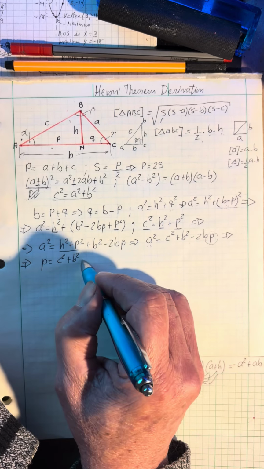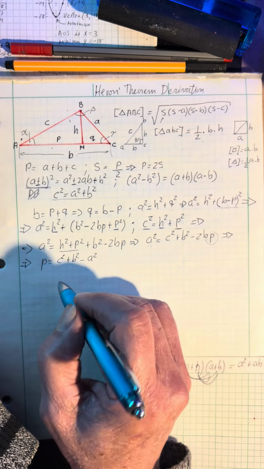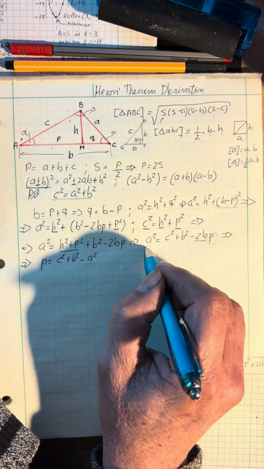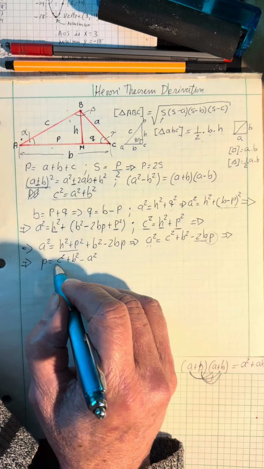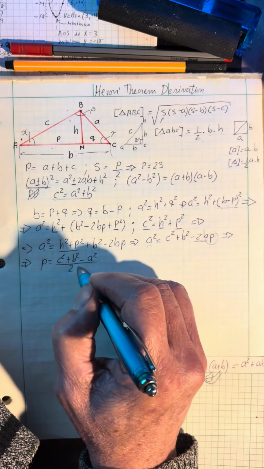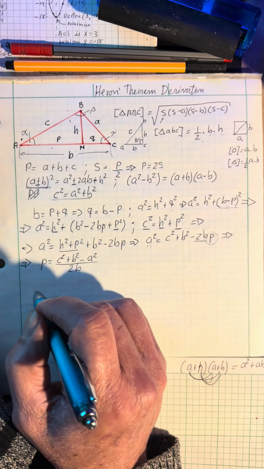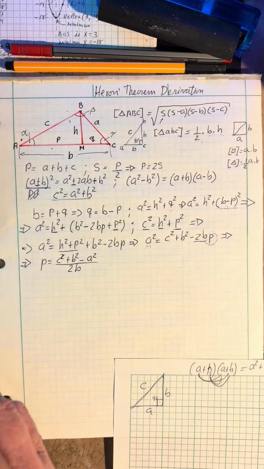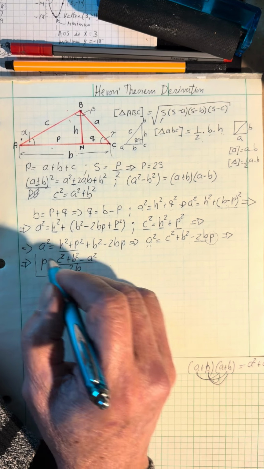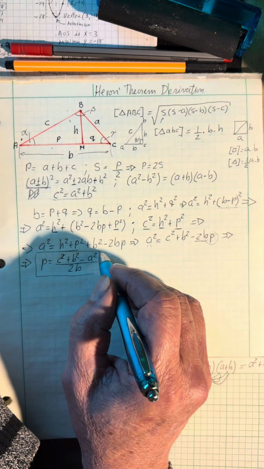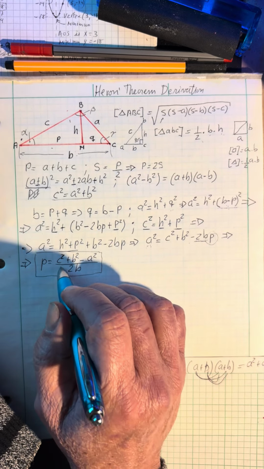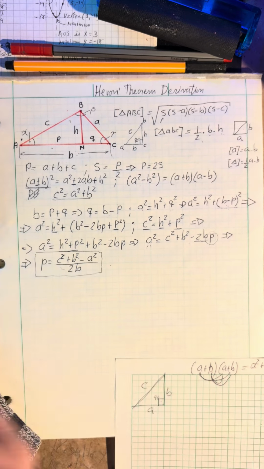The A squared we put inside, it goes minus A squared. This goes positive inside, this goes negative inside there. And so the 2B goes underneath. All the formulas are important, obviously, but this is quite special, I would say.